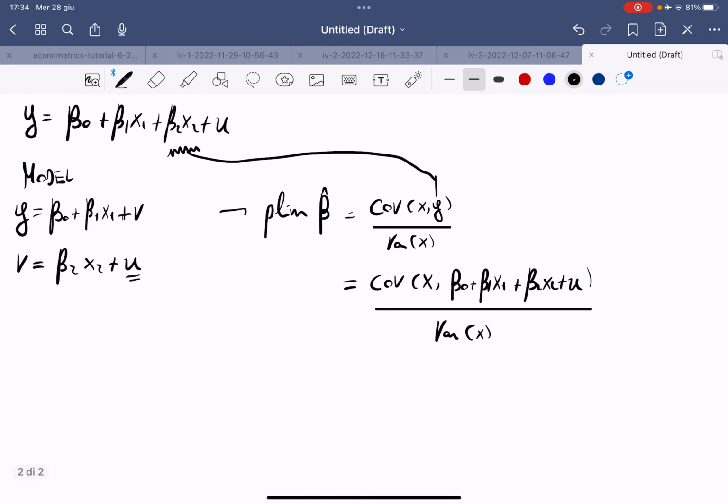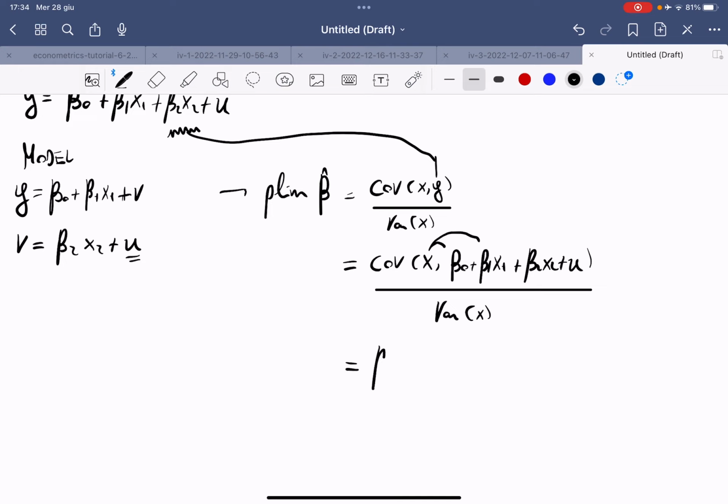The covariance of x and beta 0 will be 0, because beta 0 is a constant term. The covariance of x and beta 1 x1 will be beta 1 multiplied by the variance of x, and then we divide by the variance, so it will be 1.